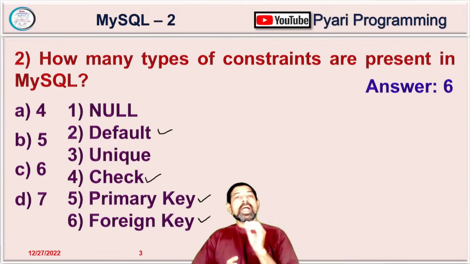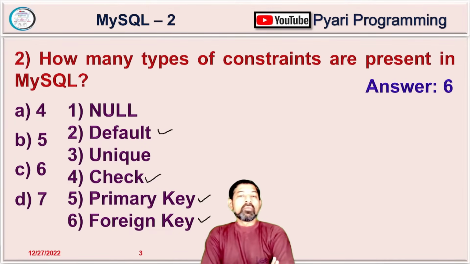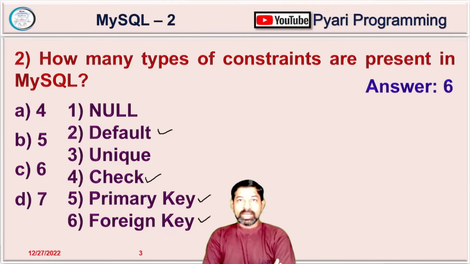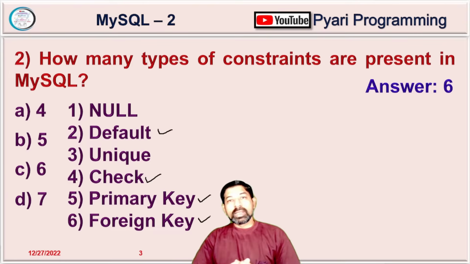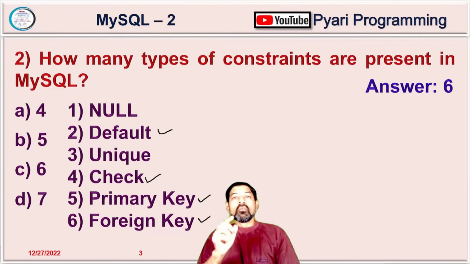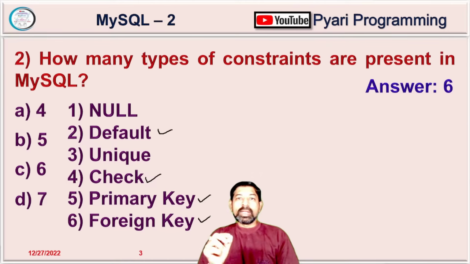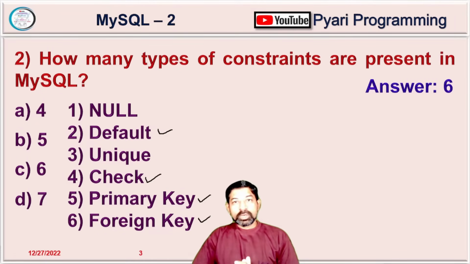Suppose I want to enter data to a table where I am having a foreign key called student ID. In that case, first of all, before entering the data, it will check whether the student record or student ID is available in the main table, student information.